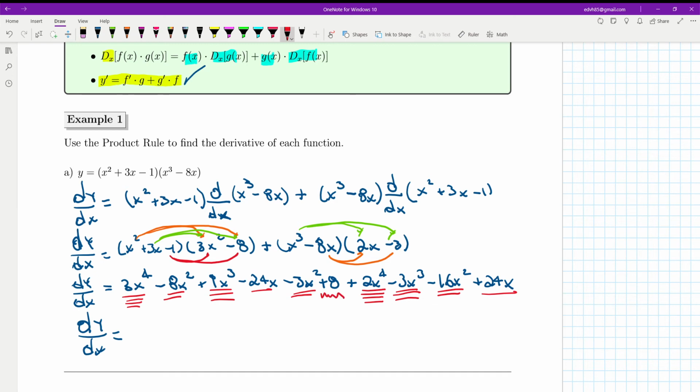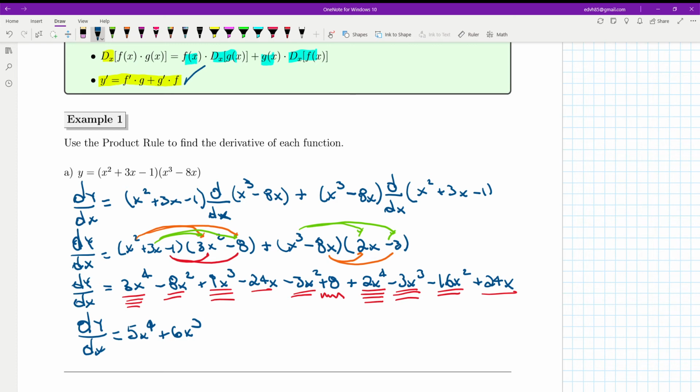So for the fourth powers we have 3 plus 2, which is 5. 5x to the 4th power. For the cubes, that's a 9 minus 3, that's 6. And for the squares, that's a negative 8 minus 3, that's a negative 11.